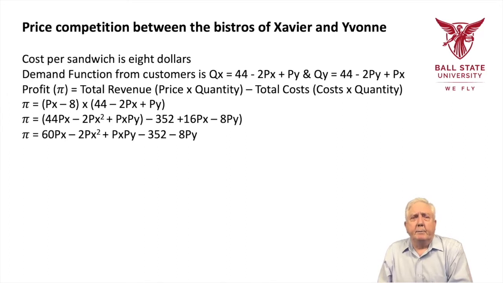So we now have it simplified. Now, this is where our calculus comes in. What we want to do is simplify this, and calculus is the best way for us to do that.